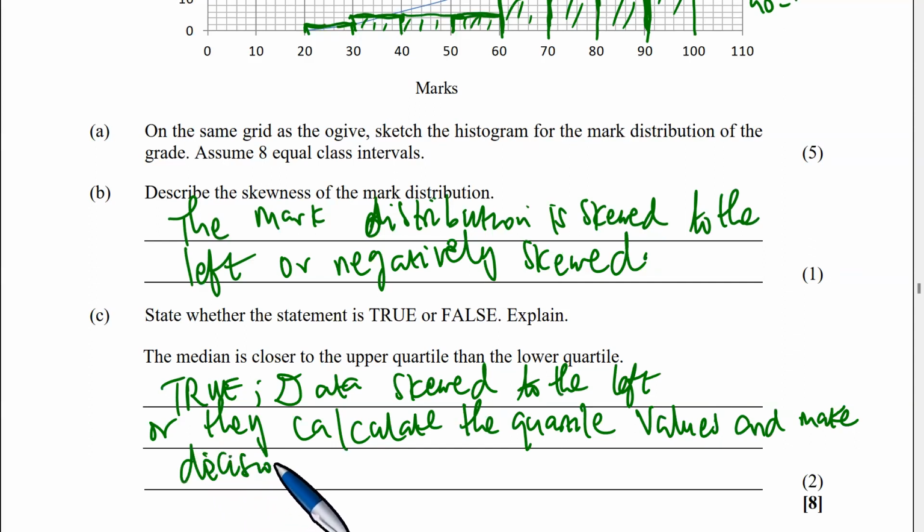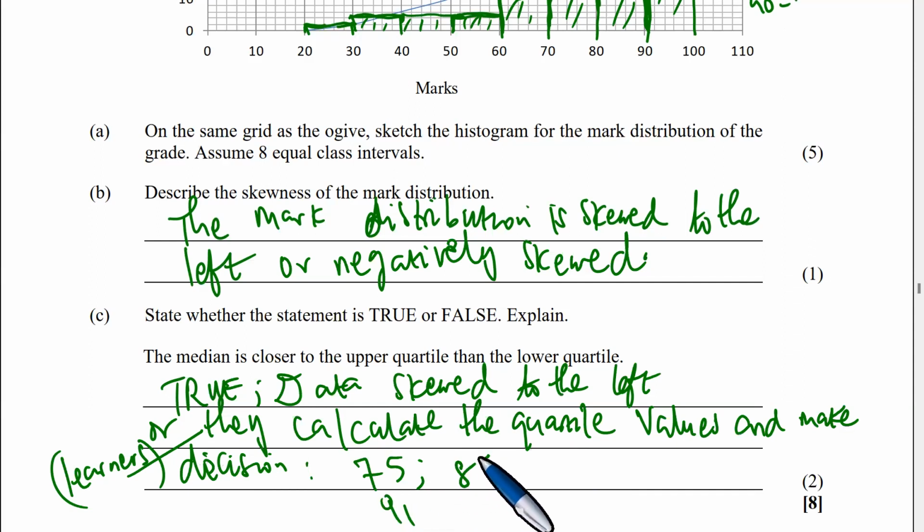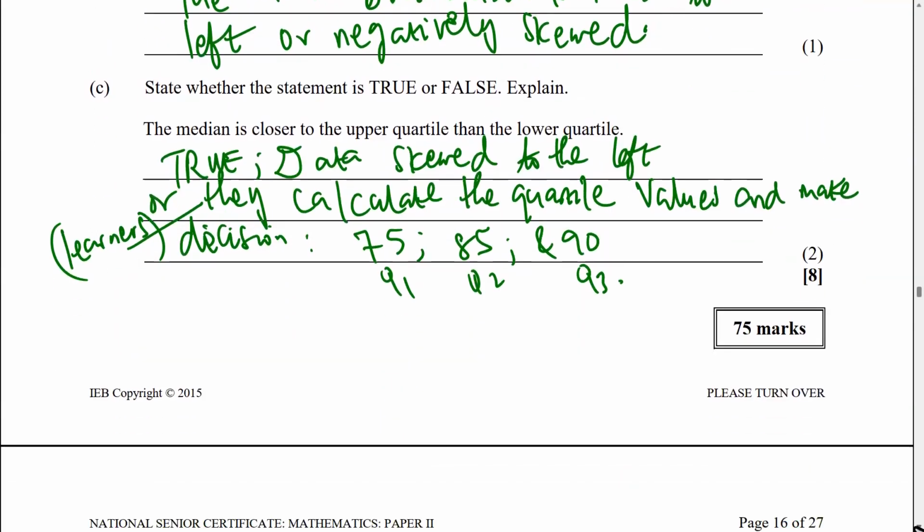So in other words, you as a student, the learners can actually calculate the quartile values and make the decision. Right, so the quartile values, we're not going to waste a lot of time. They're sitting at Q1 equals 75, Q2 equals 85, and 90 for the upper quartile Q3. Okay.